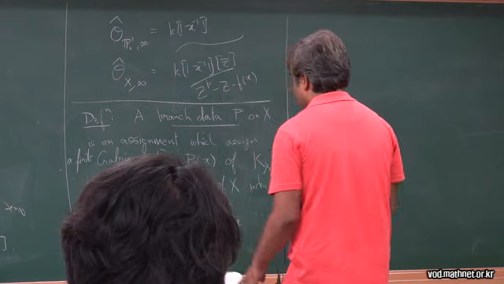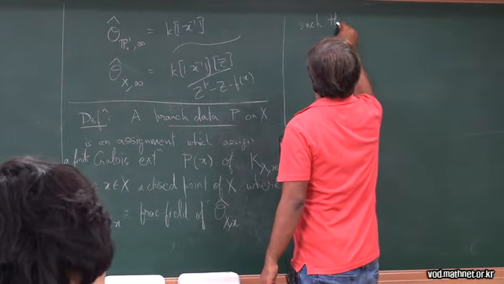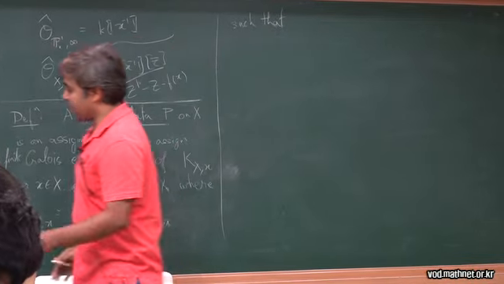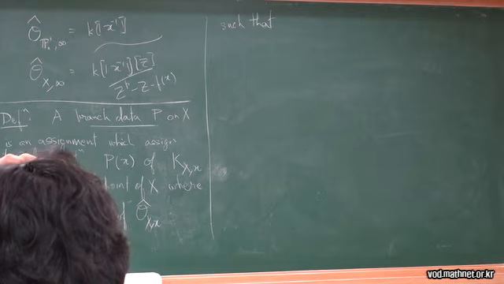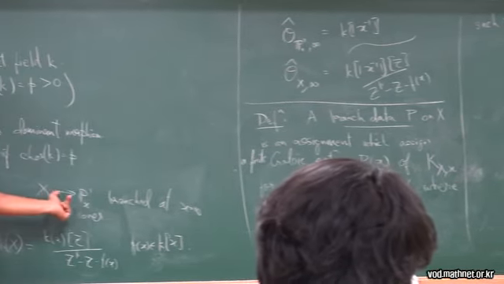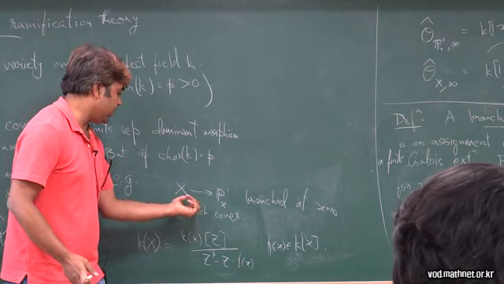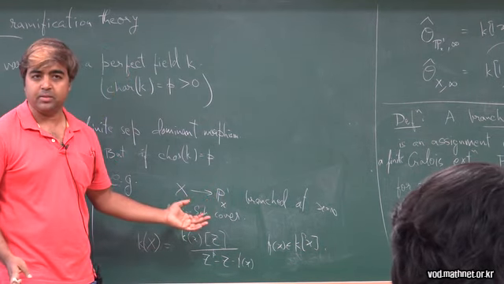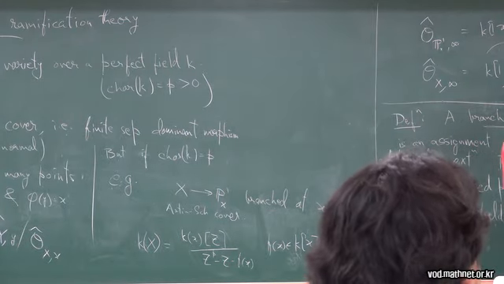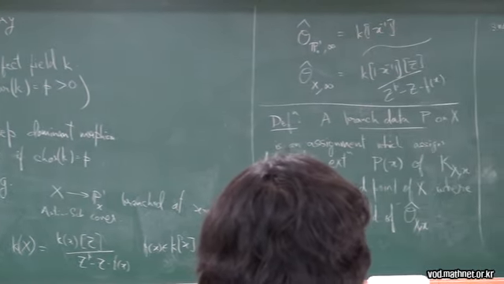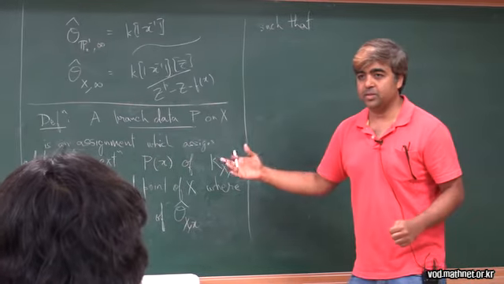So it is an assignment like this such that we want a further condition. As you see, the motivating reason is to look at this example, for instance. This will be branched only at finitely many points. So you want this to be more or less a trivial extension at most points, and only at finitely many points a non-trivial extension.